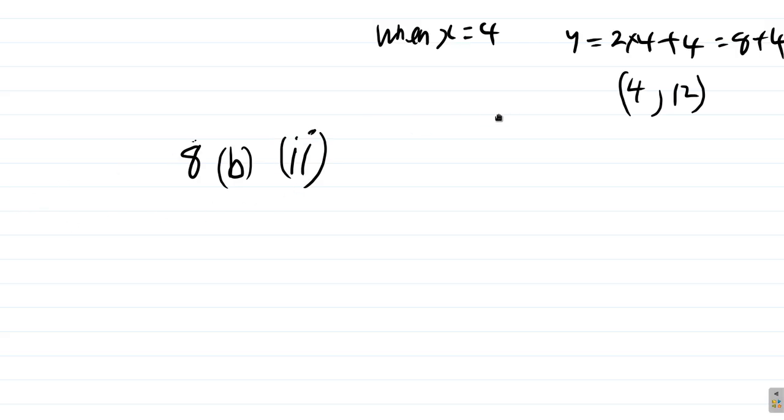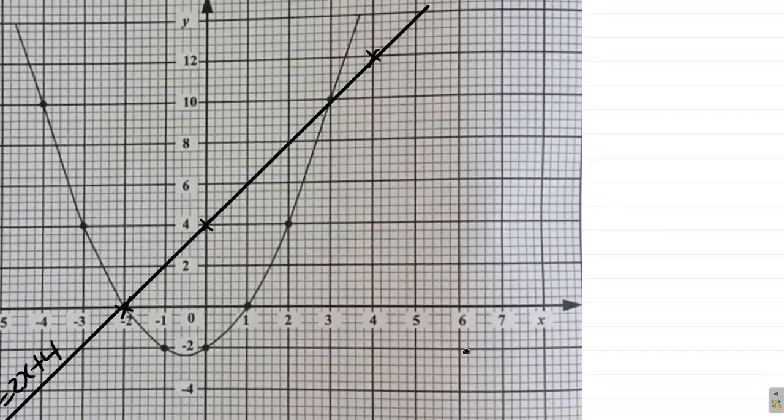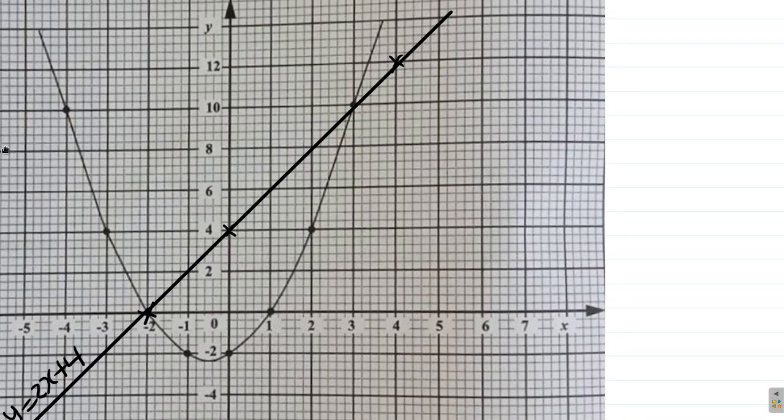For question 8b2, one solution would be when you have them intersect, x is equal to -2.